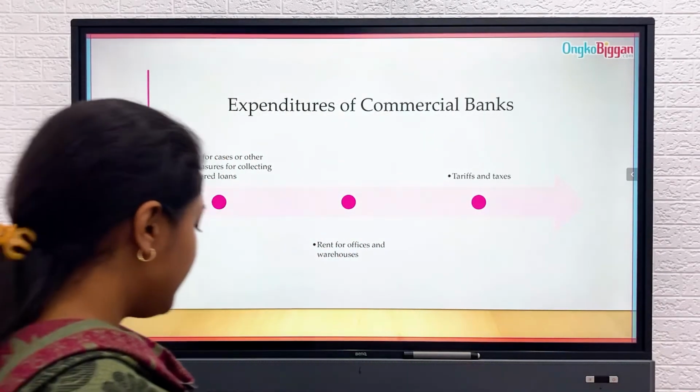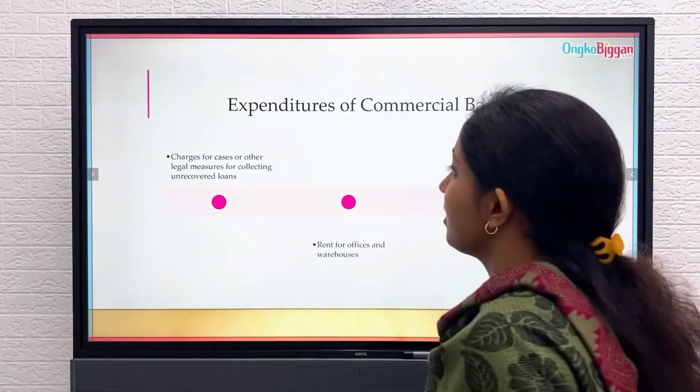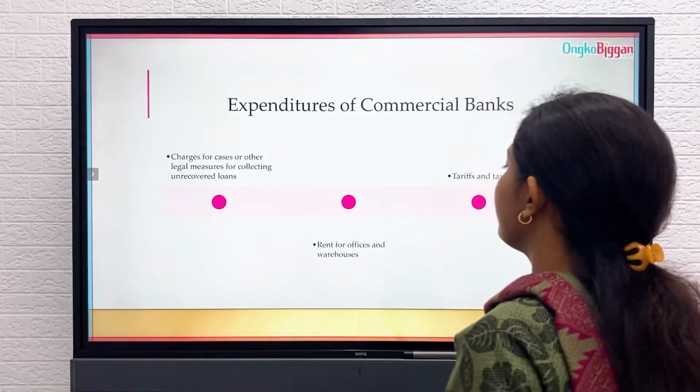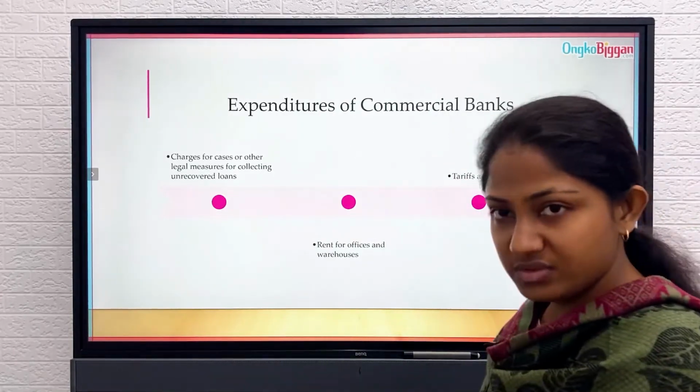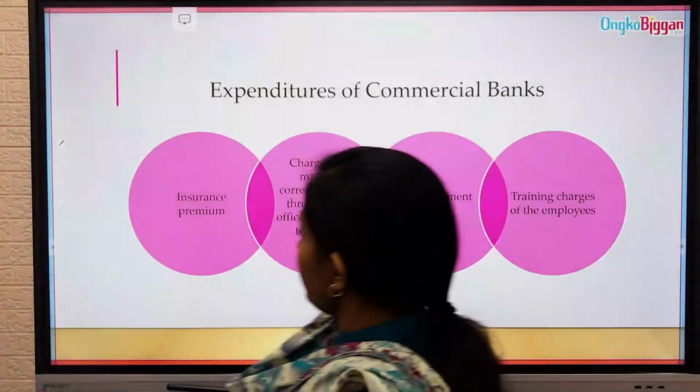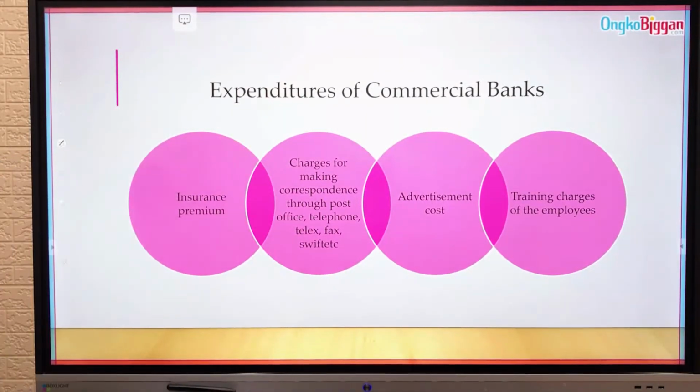What is the first one? Charges for cases or other legal measures for collecting unrecovered loans. Another one is rent for offices and warehouses, and then tariffs and taxes. There are so many expenditures of commercial banks.